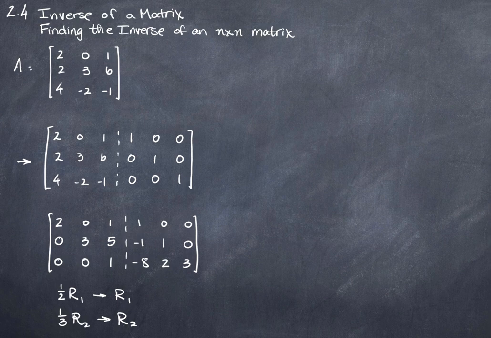If you're doing 2 operations that look like, I'm just going to make one up here. Let's say you had 3 times row 2 plus row 3 in row 3. And then another step was going to be 1/2 of row 1 plus row 2 into row 2.